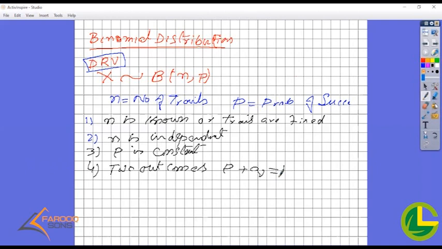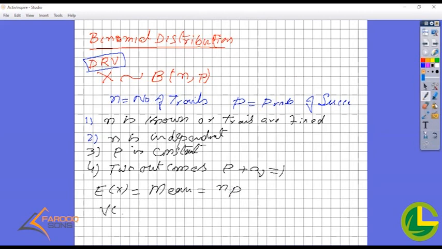Now, so there are 4 conditions in short. Then we can say the mean of binomial, which is called the expected value of X, is also called mean. Normally in distributions, whenever they ask you for the expected value, this means the mean, which is NP.